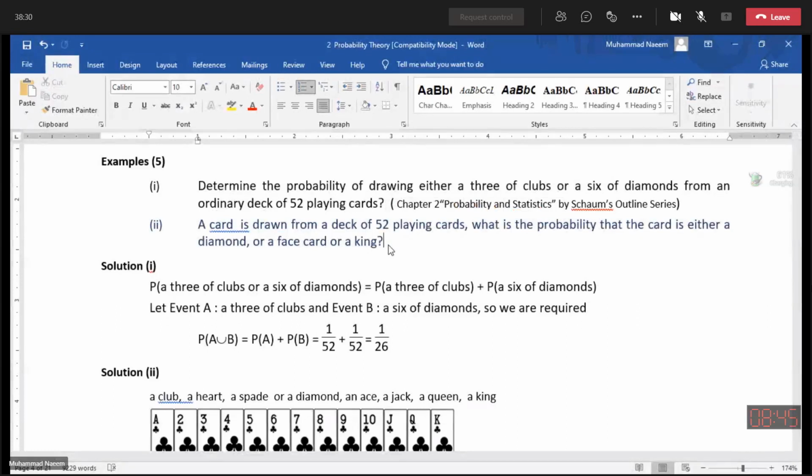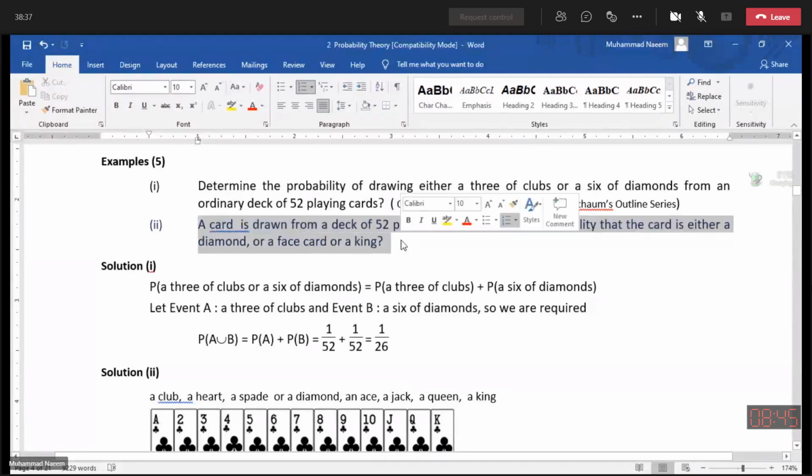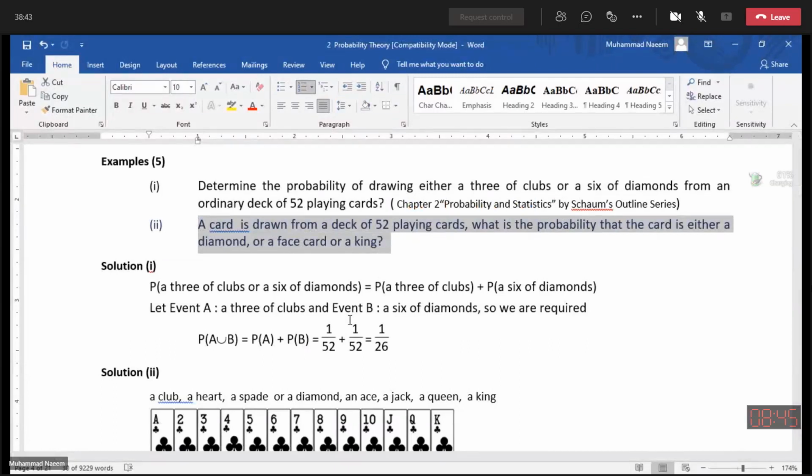The addition law for non-mutually exclusive events. Look at the statement. A card is drawn from a deck of 52 playing cards. What is the probability that the card is either a diamond or a face card or a king?